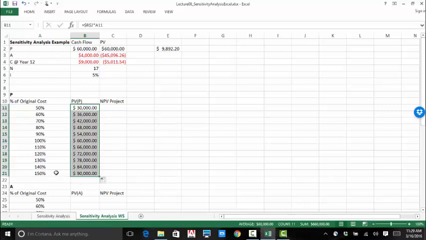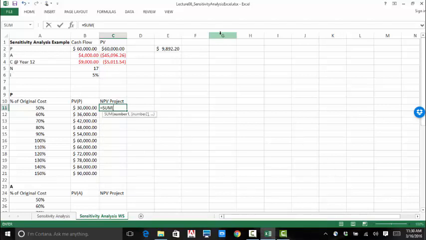Okay, so now we have a variety of P's ranging from 50% to 150%. In this, we assume that the other two cash flows are constant. May or may not be true, but the net present value of the project is equal to sum these two, right?